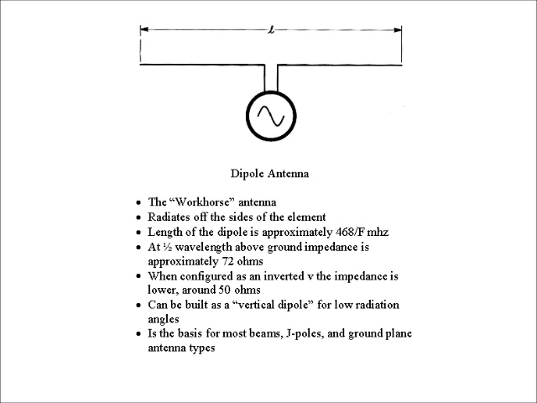Close enough? That's pretty close to the 16.4 feet. The reason for the difference is a property of antennas called end effect. But for purposes of estimating, it's pretty easy to figure in terms of meters, and a meter is roughly 3 feet. You get pretty close, don't you?